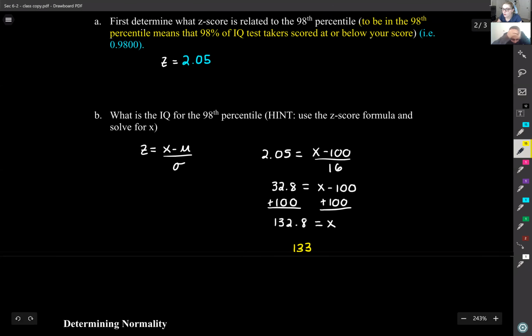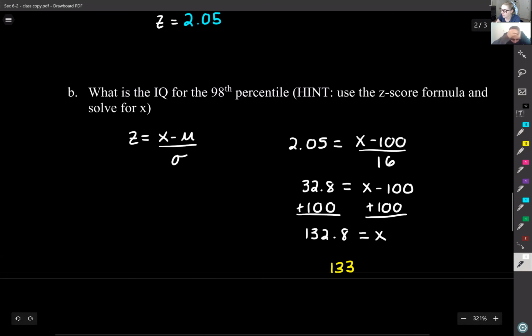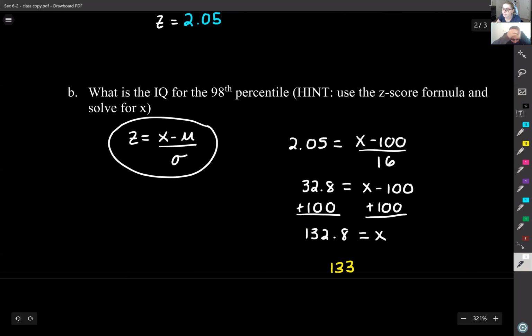So I just worked backwards, but if you don't want to have to worry about solving for X and plugging everything in, we can just use this formula to derive a new one for if you're solving for X. So if I multiply both sides by sigma, this is Z times sigma equals X minus mu.